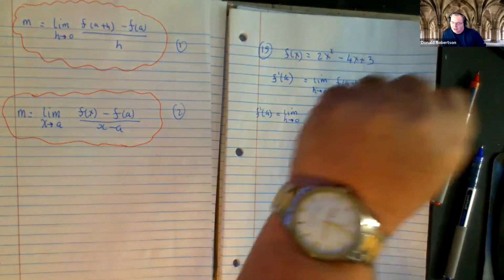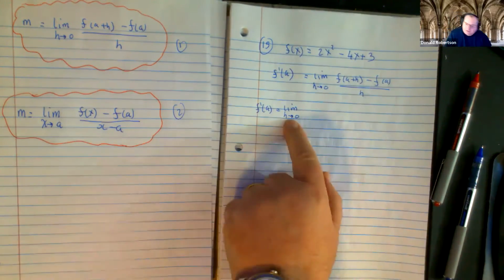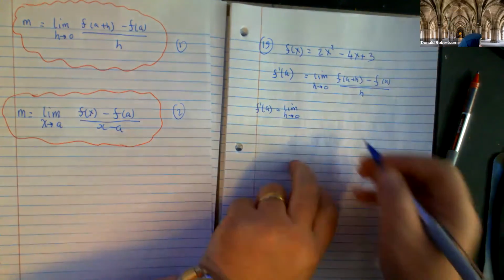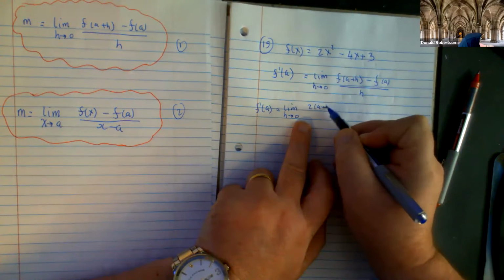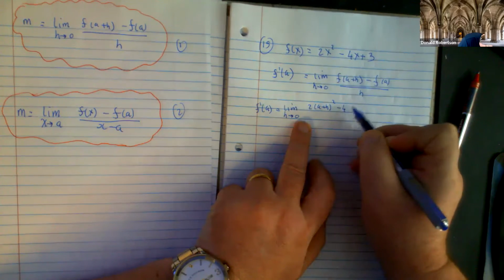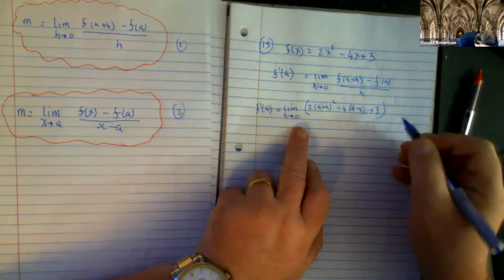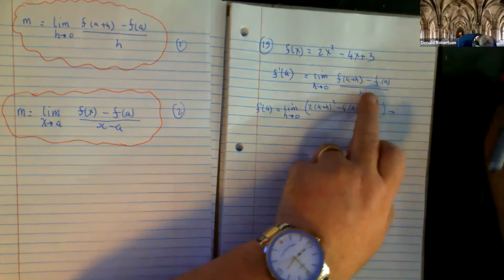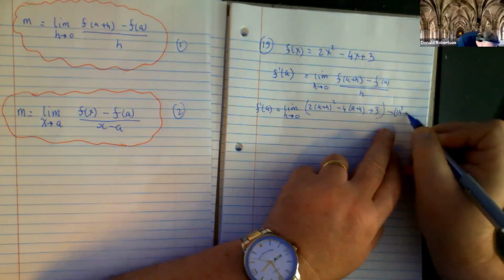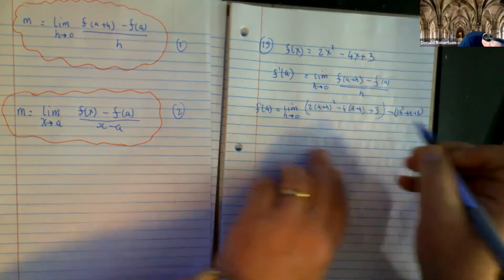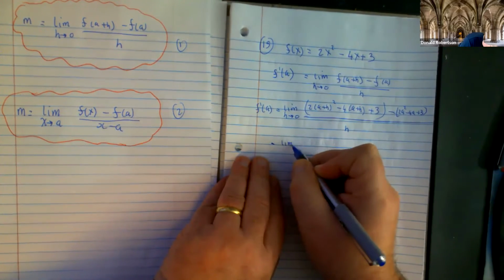Or even this little guy and go stamp, stamp, stamp, because it's really boring writing that, doesn't it? So what have we got? 2 lots of a plus h squared, take away 4 lots of a plus h, add 3. Take away f of a. So it's going to be 2a squared, take away 4a, add 3, all over h.